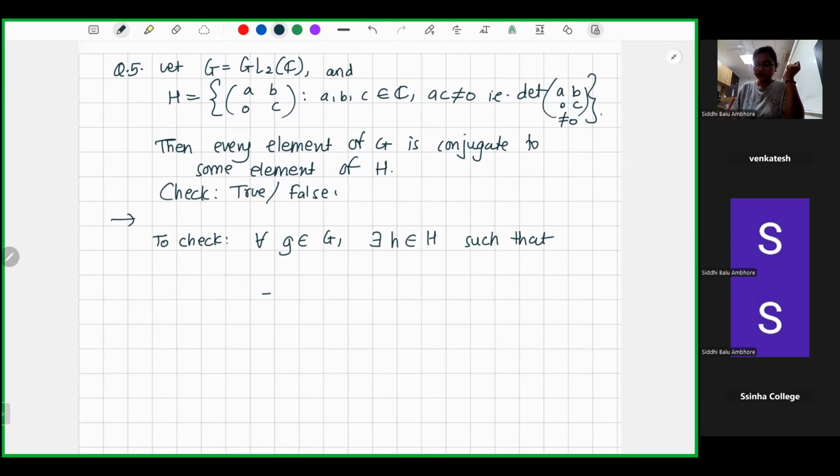And this G inverse belongs to H actually.